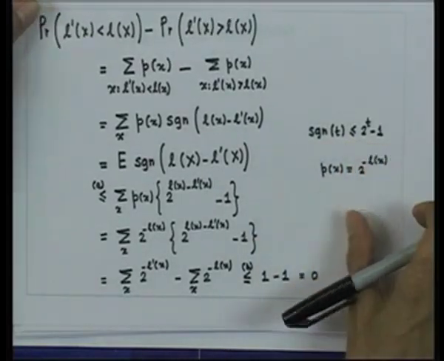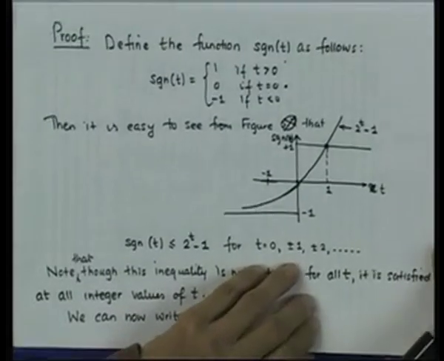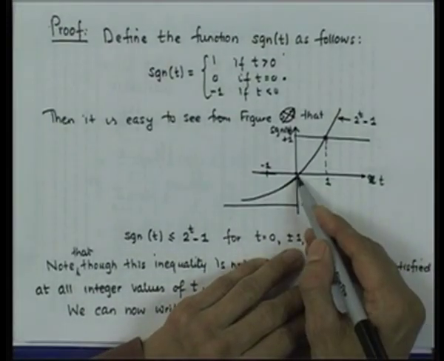This I can write because, if we look at the signum function, the equality holds for t equal to 0 and for t equal to 1.